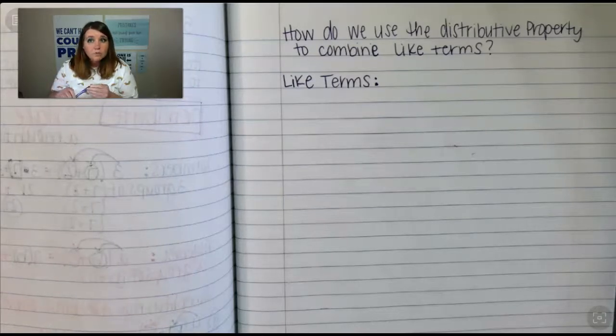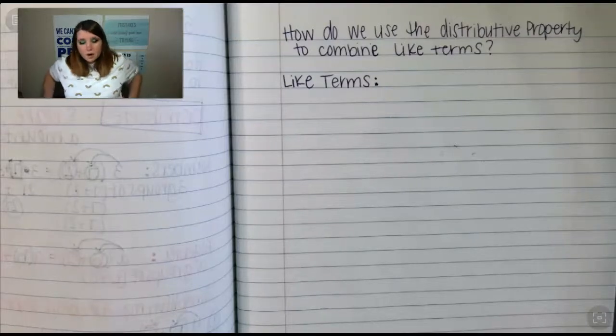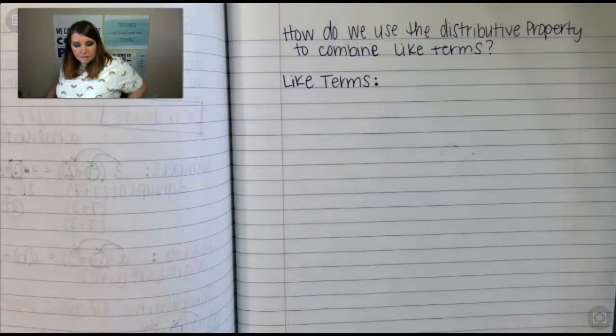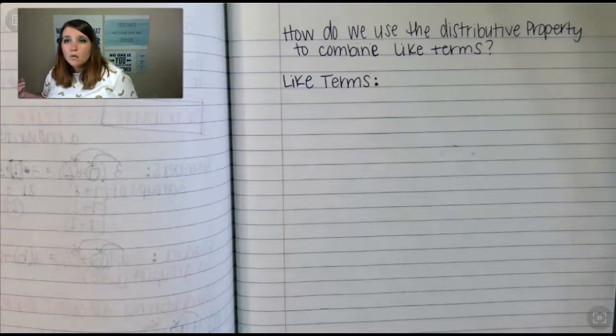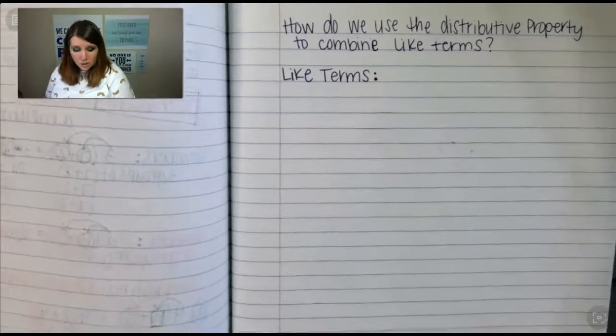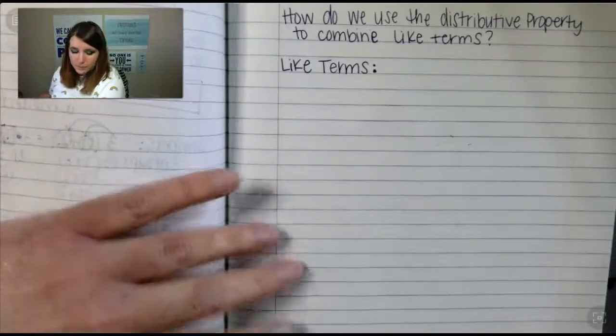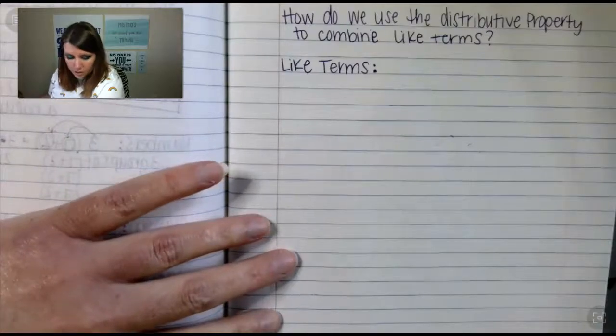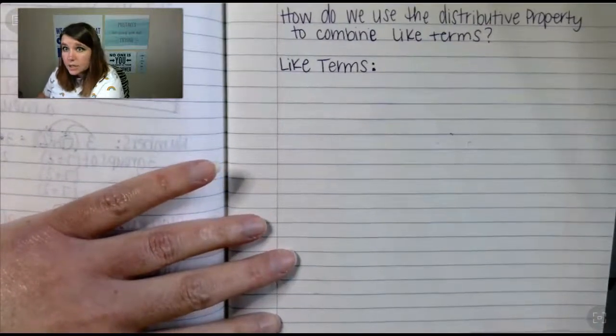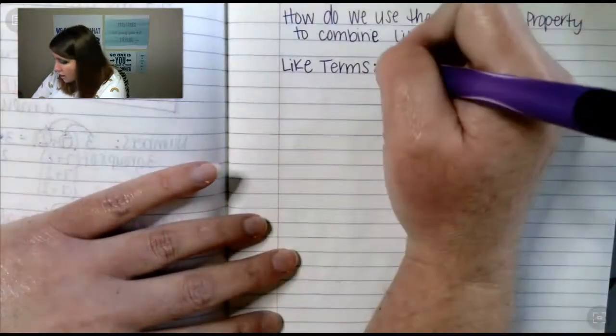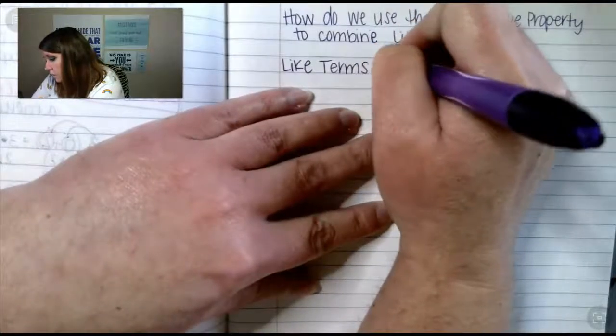So like terms are the things that are the same. They are terms that have the same variables, are raised to the same powers, or are just constants.